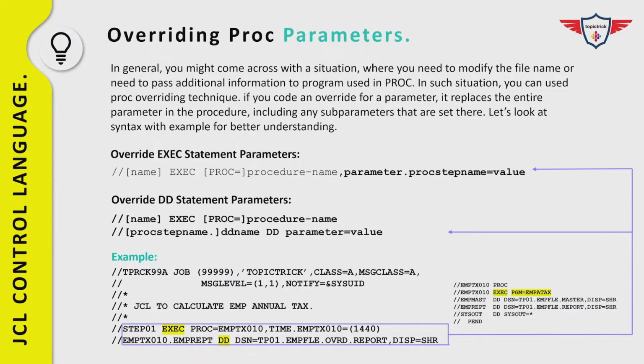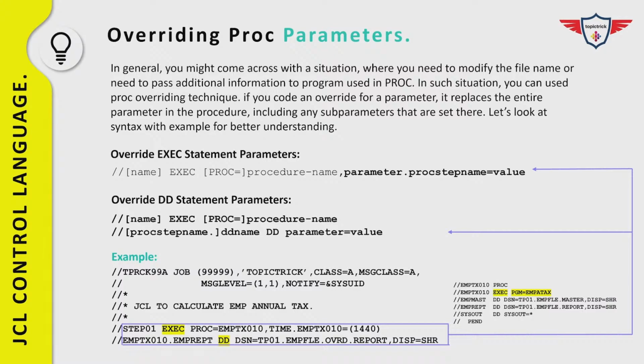And in the next step, what I've done is I've just overridden the DD statement. So if you notice, EMPREPT is an employee report, and if you look at the catalog procedure, it has a DSN name as tp01.employeefile.report. And in my JCL, I've just replaced the name with a different file.